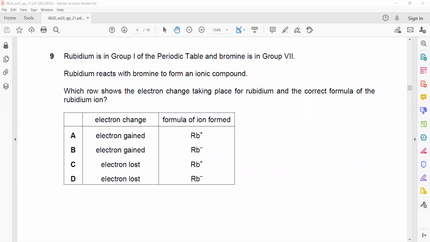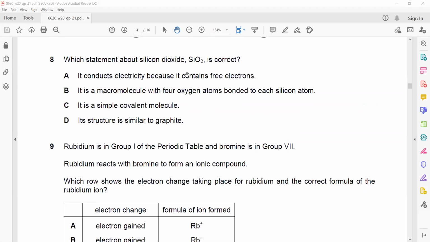But dioxide means it only has two oxygen. Which one? The previous question. Yeah, silicon dioxide. If you remember the bonding and structure, when we draw silicon oxide, why do we write SiO2? That is showing the simplest ratio of silicon and oxygen present in the structure.